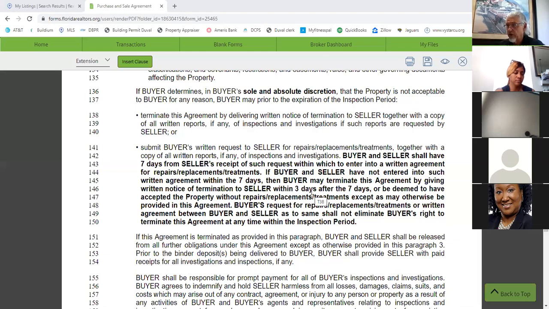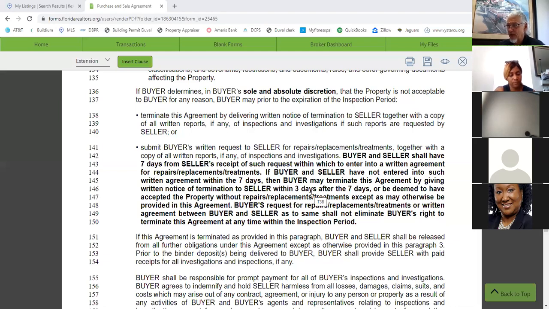So let's say you got the inspection day 1, and day 2, you submitted your repair request to the seller. Day 9, the seller says, I agree to all those repairs. Can the buyer still get out of the contract? Yeah, they have 10 days. There's 1 day left. Yes, you can.